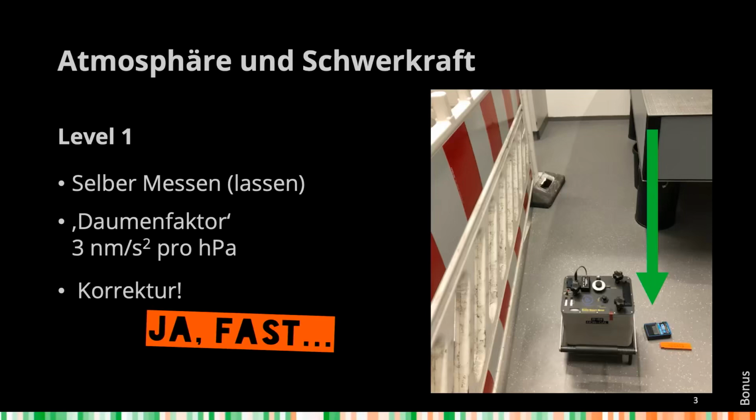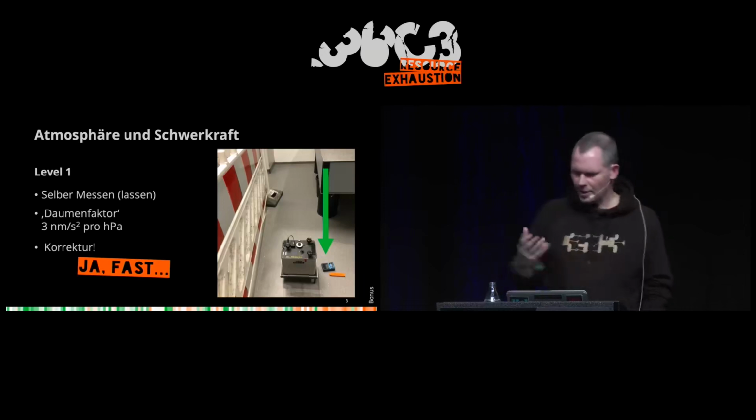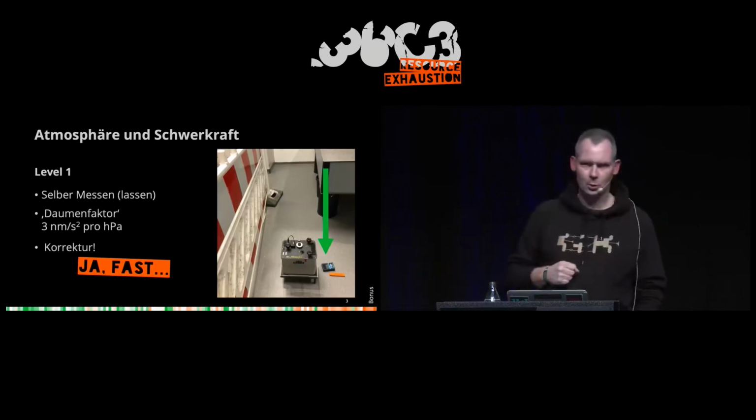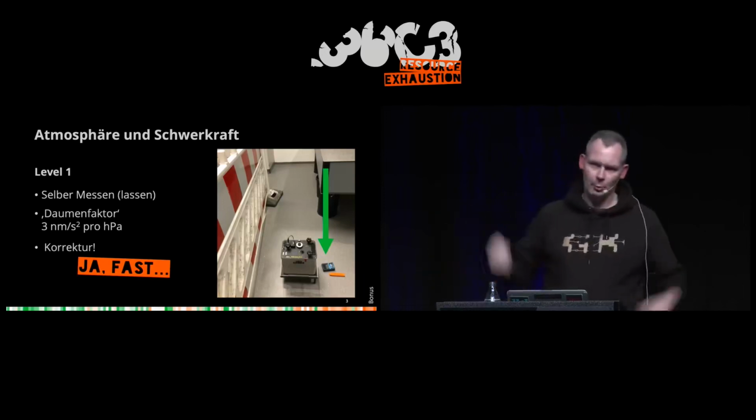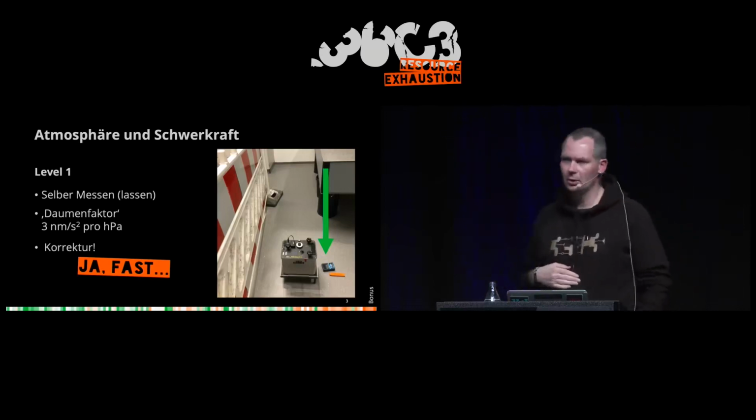Well, almost. Of course, atmosphere, air pressure isn't exactly measured at only this one point. So say I'm measuring 1000 hectopascal, and then I have lots of vapor over me. This will probably not be the same.